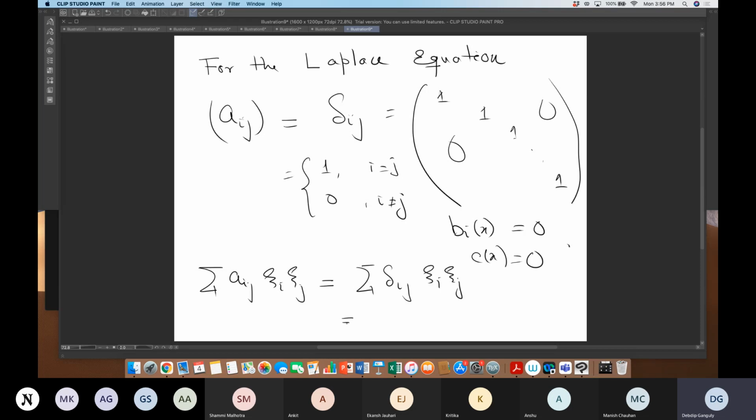What is this? It is the summation of xi_i whole squared, that is |xi|^2, right? Yes or no? Yes. This is not equal to 0 for xi not equal to 0.